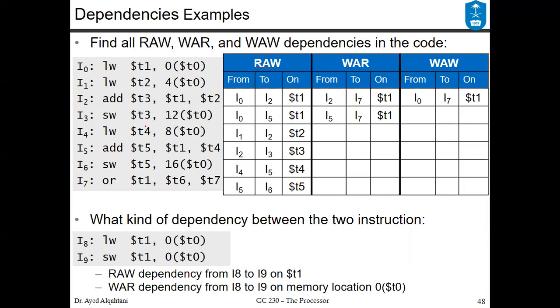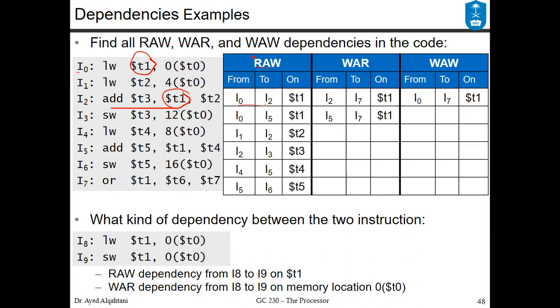To do it correctly, you start with the first instruction and check the RAW hazard, which means here you are writing to T1. So check all the subsequent instructions: where do you read T1? Do you read T1 here? No. Do you read it here? Yes. So there is a dependency from I0 to I2 on T1.